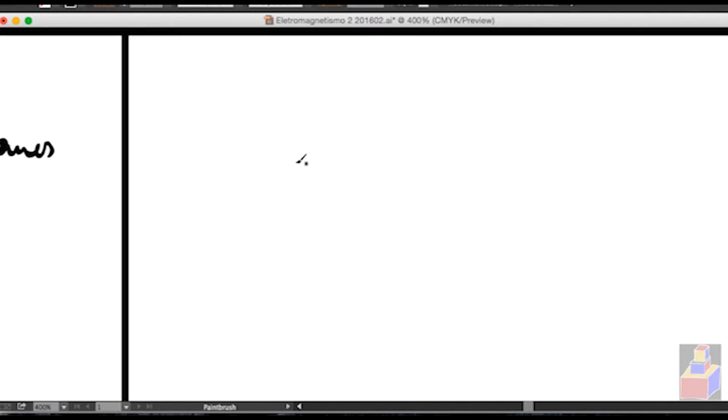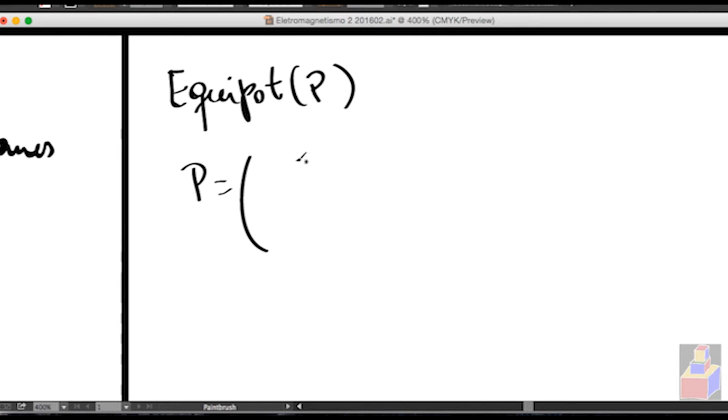The name of the block is going to be equipot of P. P is the parameter matrix that was defined in assignment number 4, which has the charges, the sign effect, like we just use unit charge in the simulation, right? And the coordinates of the charges, right? That's what we have. This is the same definition, okay?